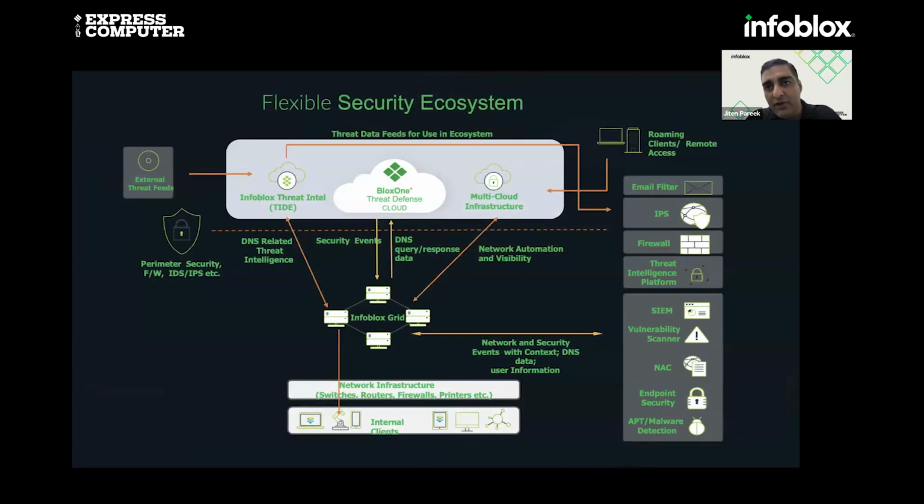Now consider, if those data can be integrated into your other security tools by leveraging that metadata with your IPs and the details, the network and security events with their context, meaning DNS data, the user information, the identification of endpoints, if it is shared with SOAR, vulnerability scanning, how quickly you can respond to those threats, how quickly you adopt the resiliency plan, how you can quickly adopt the responses to the cyber threat.